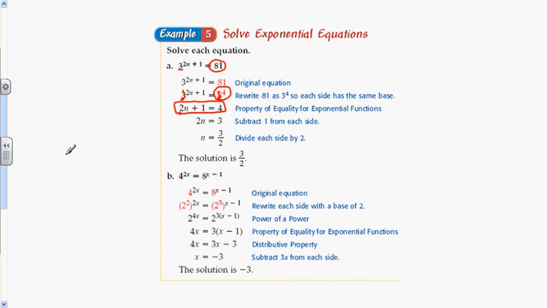And here's a situation where they have two changes that need to take place. You can't write 8 as 4 to some power, but you can write 8 as 2 to some power. And 4 can be written as 2 to some power. So in this situation, we have a power raised to the 2x, which is still there.